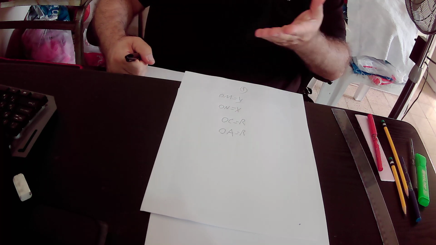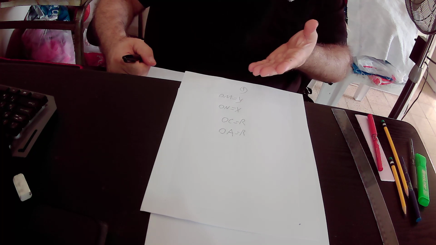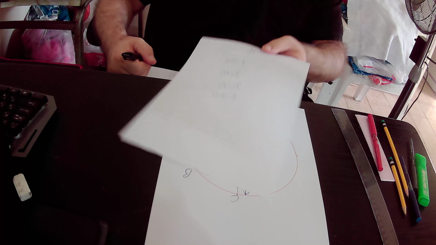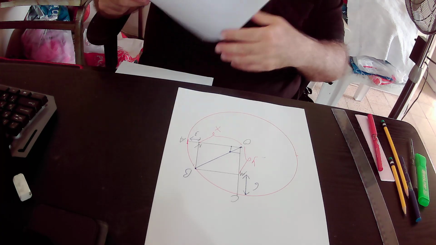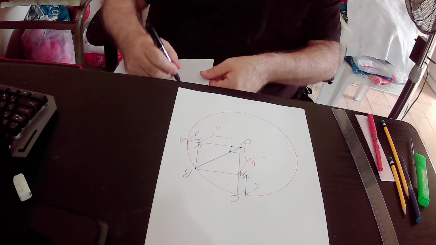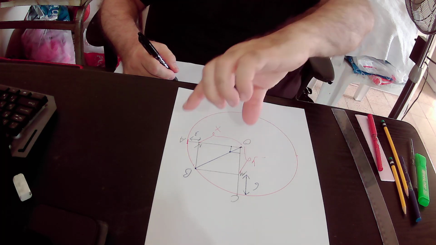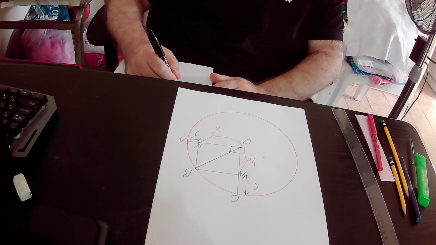So from it we can deduce that OC equals OA because both of them are radiuses of this circle. So we write our first equation that states that OC equals OA because both of them are radiuses of this circle.